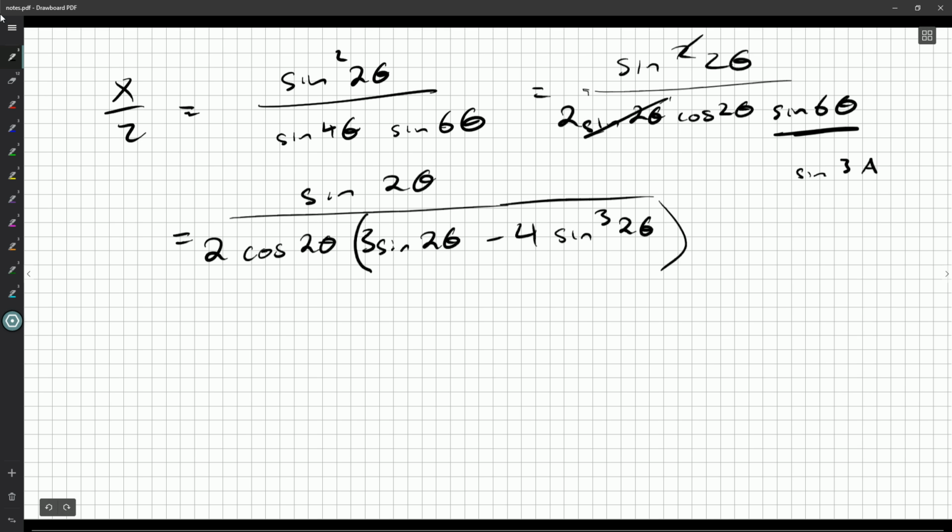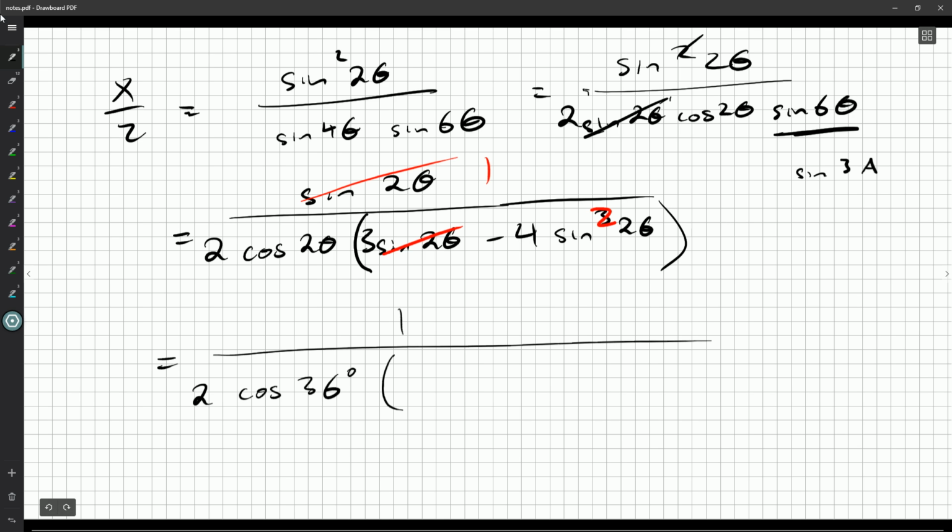And now I can get rid of another one of these up on top, leaving me with a 1 at the expense of that, and turning this into a 2. So that's something. So 1 over 2 cos 36, which I don't know, 3 minus 4. I'm going to change this to 1 minus cos squared 36 and see what that does. 3 minus 4 is negative 1, so this should be 4 minus 1.